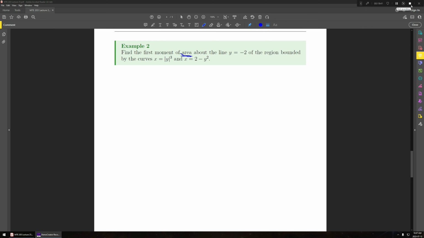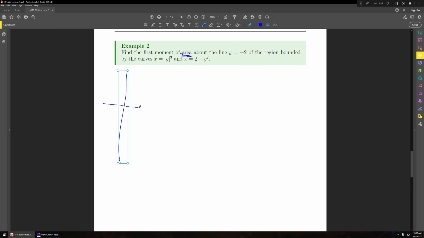Okay, so like always, the first thing I have to do is understand what my thing looks like, because if you don't know what it looks like, have fun setting up the limits. Okay, so I'm told I'm bounded by this function and this function. So what do these things look like? Well, x is equal to 2 minus y squared.